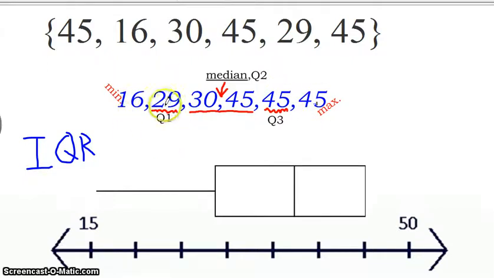If you are doing interquartile range, you take your quartiles and subtract them. So I would do 45 minus 29, and I would get 16, and that would be the interquartile range. It's for one variable statistics.